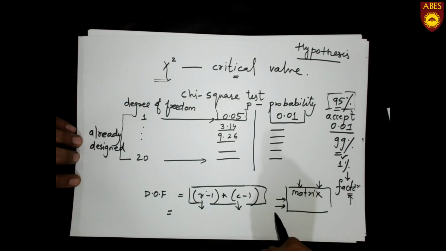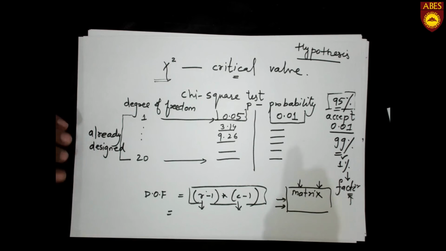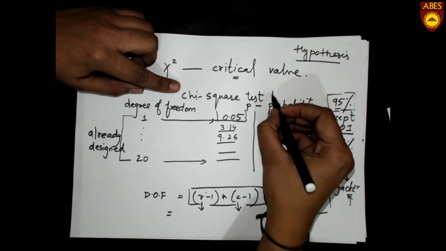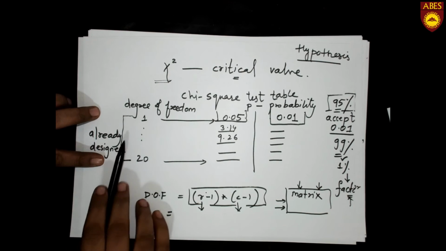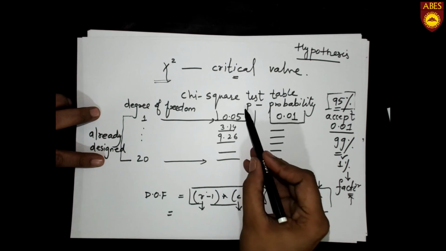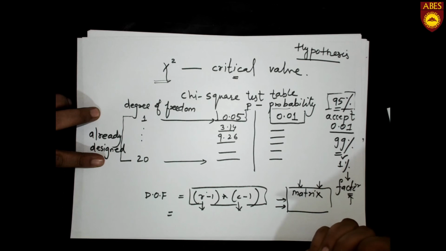So the must-know concept in the chi-square test is, once you are able to find the chi-square value, I need to compare it with my chi-square table, where I have to consider my degree of freedom and my probability value.